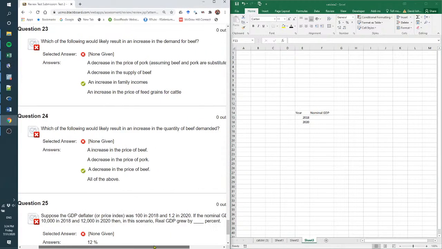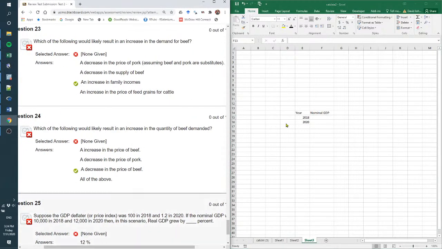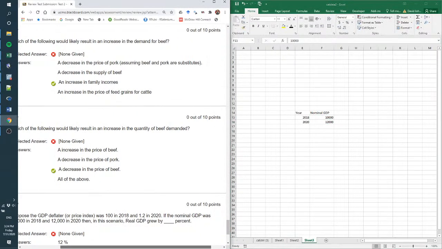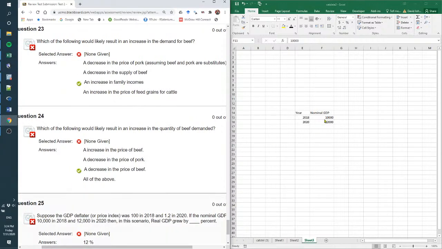We'll do 10,000 and 12,000. And our GDP deflator, so our measure of inflation, is 100.